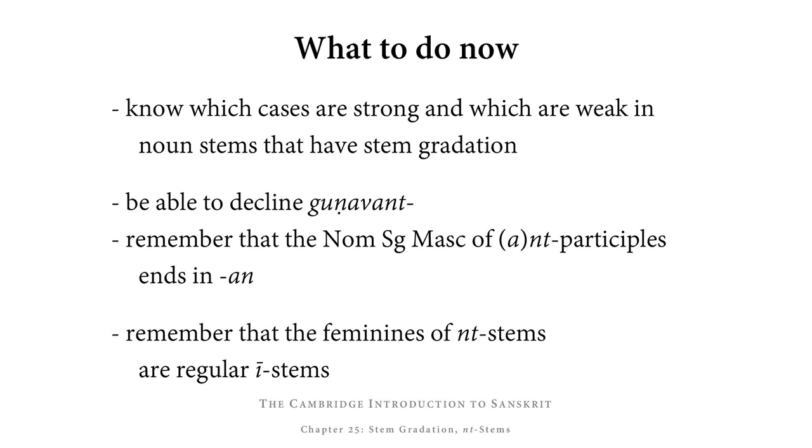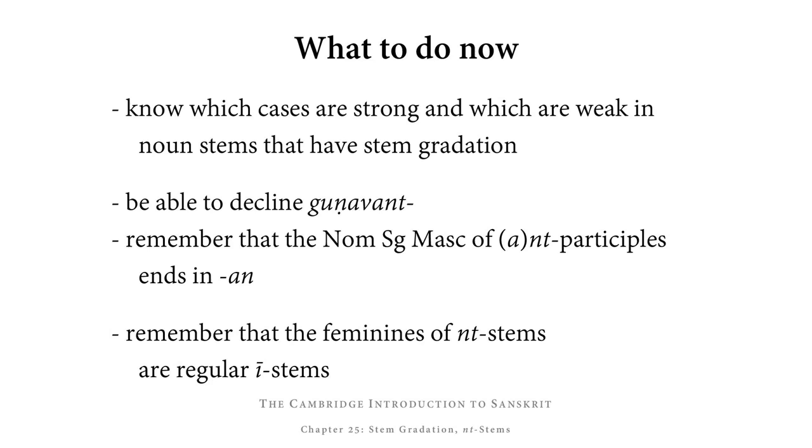You do need to know actively which cases are strong and which are weak in noun stems that have stem gradation. You need to be able to decline gunavant, and you need to be able to decline nt or ant participles, which in effect means you just need to remember that the nominative singular masculine of nt or ant participles ends in an.